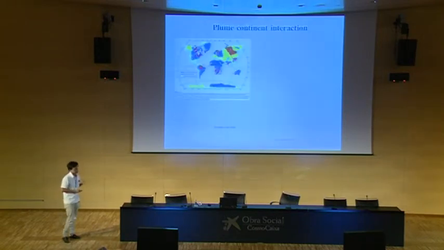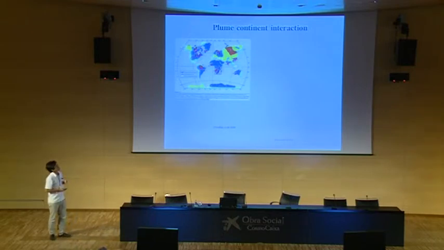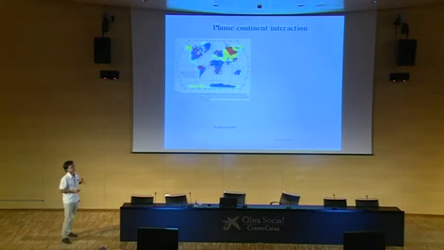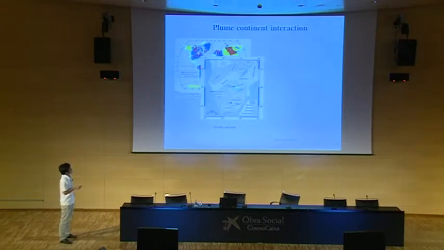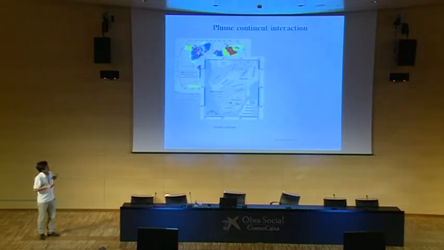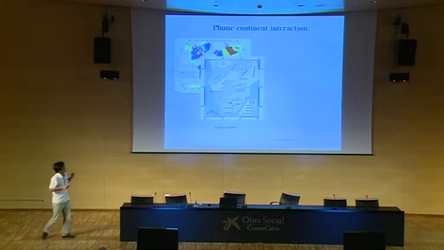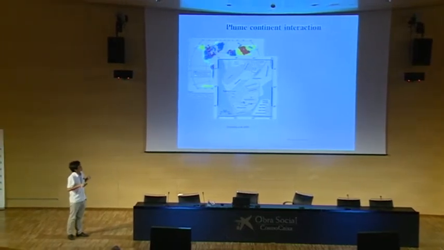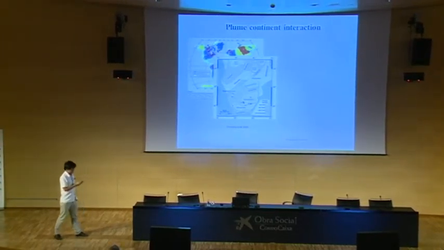So there is some background about plume-continent interaction. In this area in South Africa, we know that there might be a superplume underneath in the lower mantle, and there might be small plumes in the upper mantle. We focus our research on this area called the Cloetingh and the surrounding area.